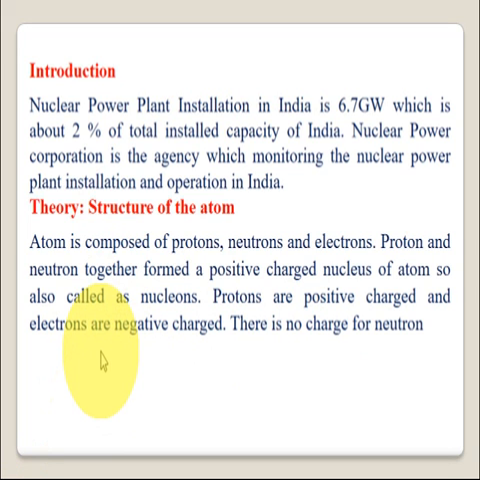Nuclear power plant is one of the major energy generation units in the world. In India, the nuclear power plant installation is 6.7 gigawatt, which is about 2% of the total installed capacity of India.